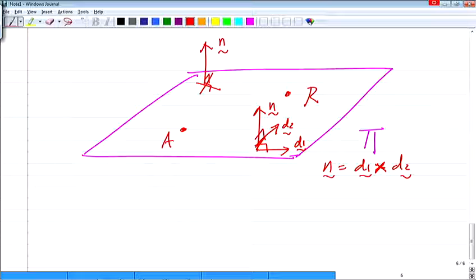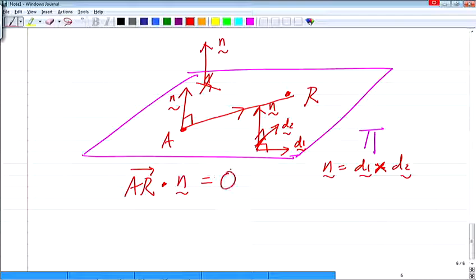So how do we then get OR? Now, isn't AR also a direction vector of the plane? So AR and the normal, if I put the normal here, they must also be perpendicular, which means AR dot n has to be 0, because AR is also a direction vector of the plane.